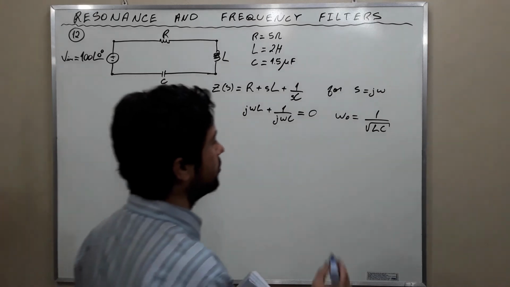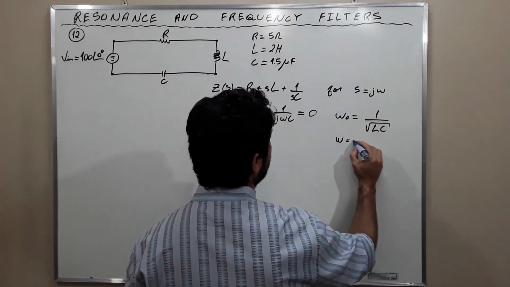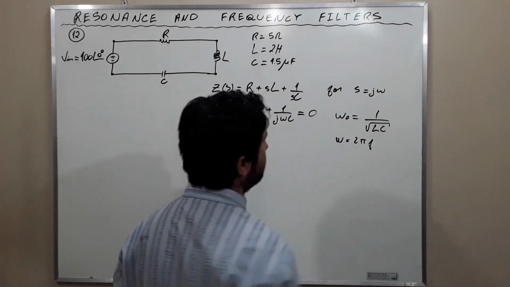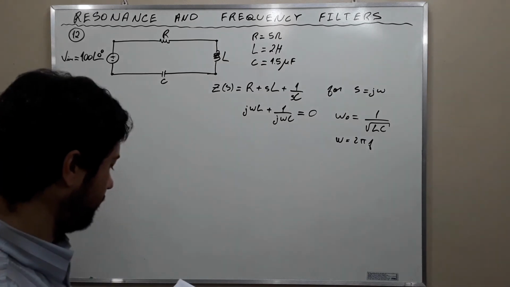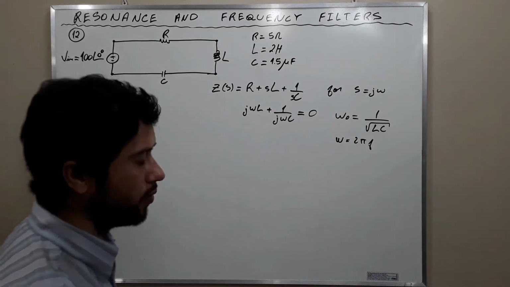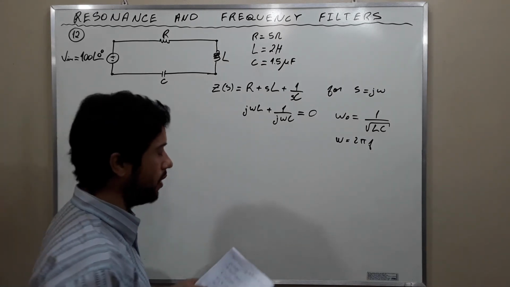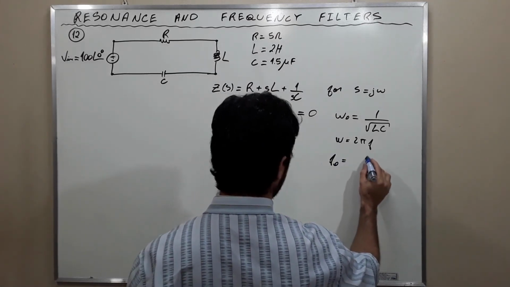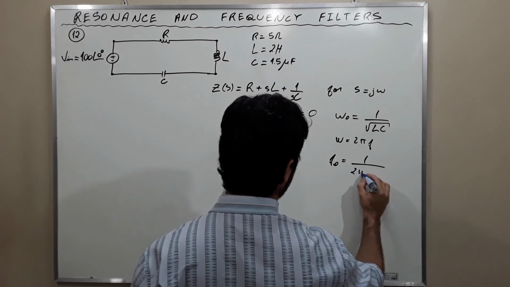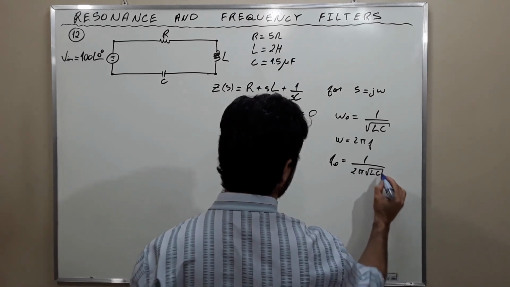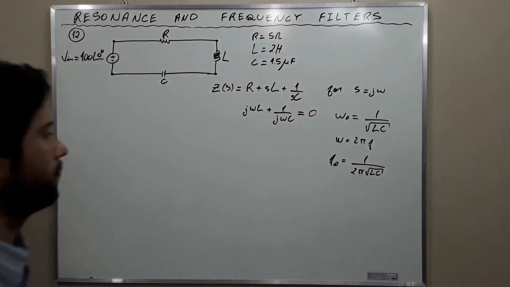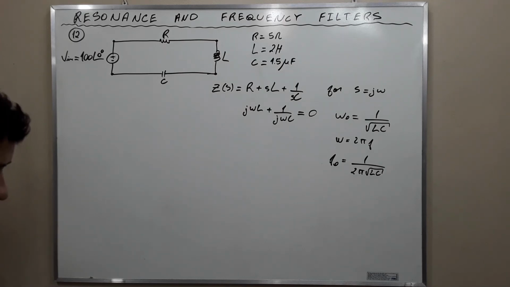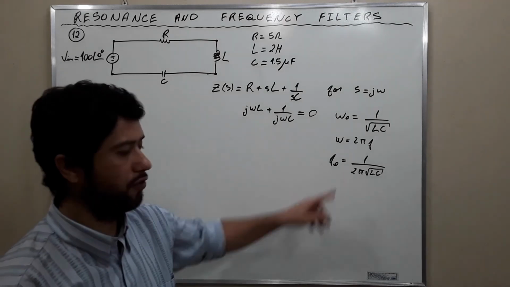But since W is equal to 2 pi f, the resonant frequency can be written as, okay? We are going to work with this symbology.